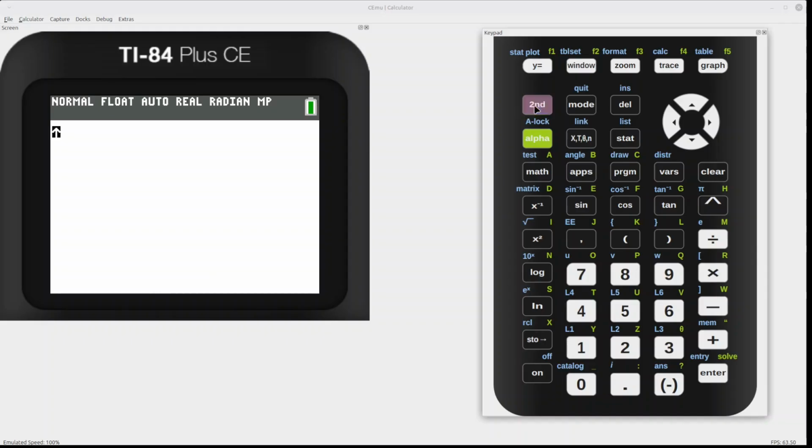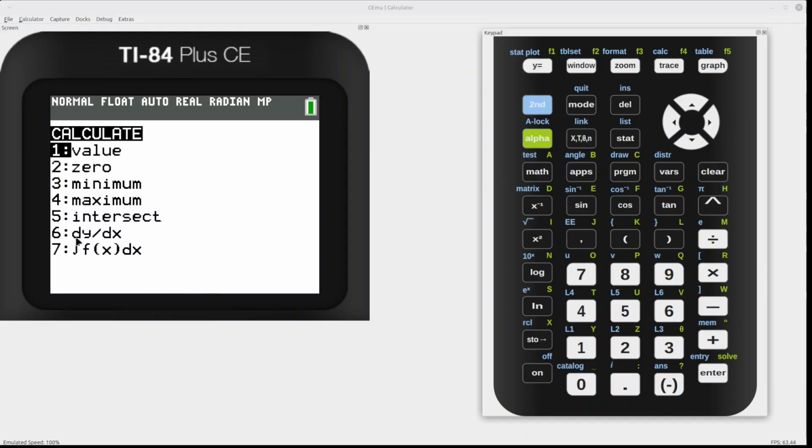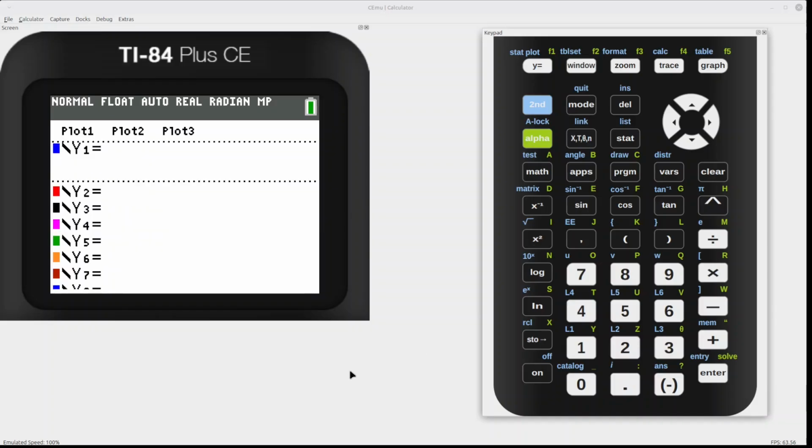Okay, the next feature is dy over dx. This feature is used in calculus and it estimates the derivative numerically. So let's say x raised to the third power minus 3x.